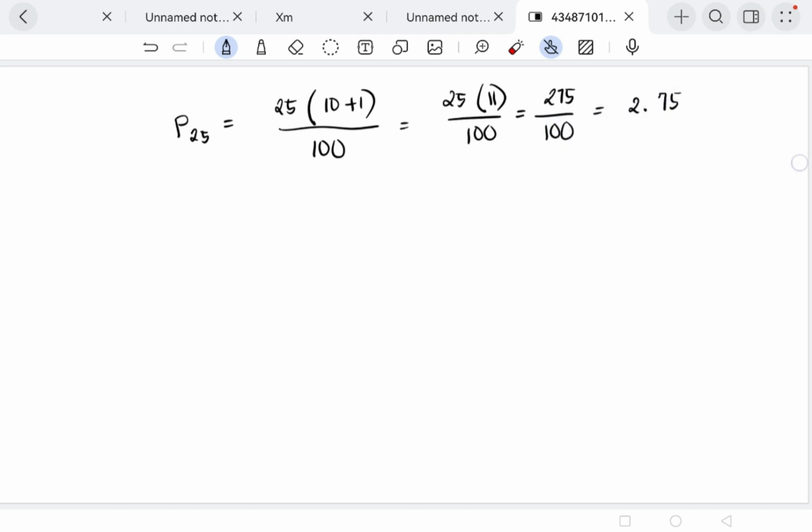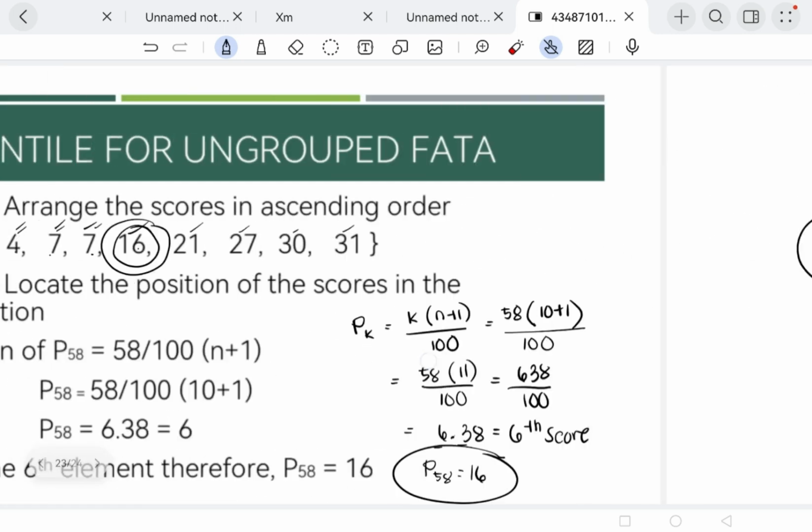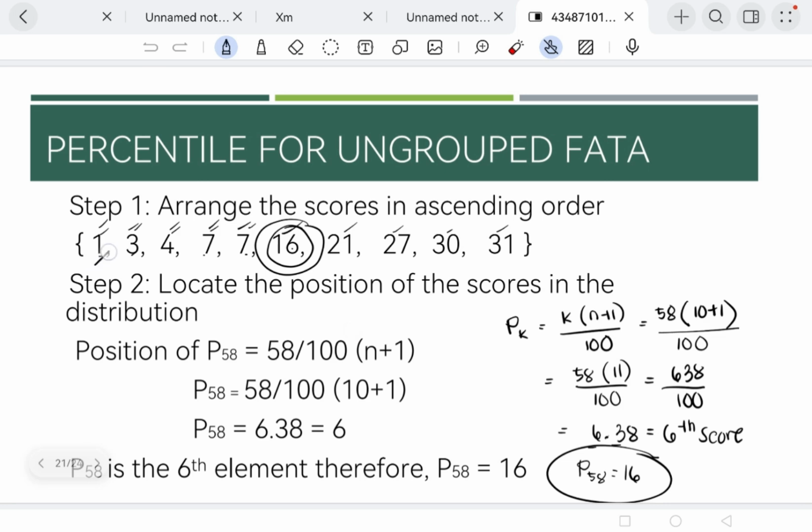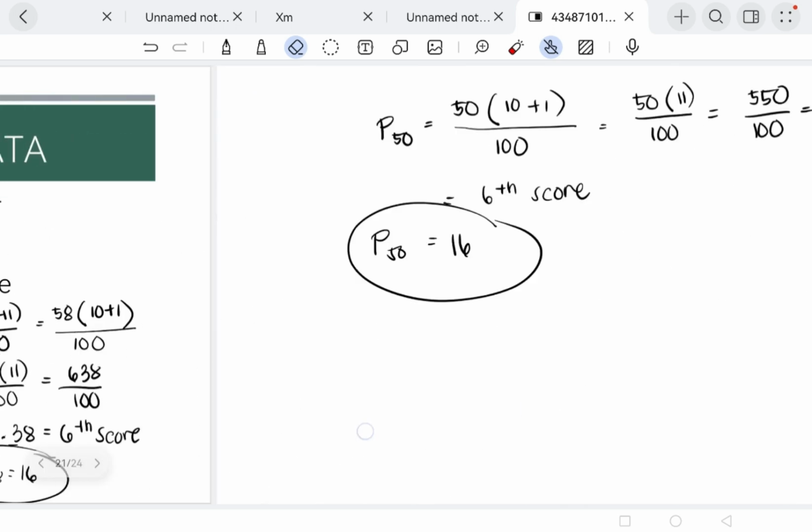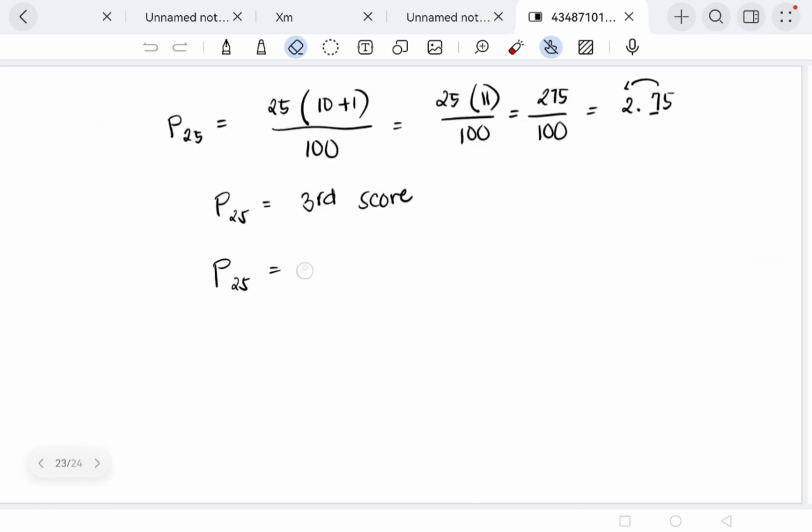Since this is greater than 5, we can round up. So our 25th percentile is our 3rd score. So our 3rd score in our distribution is, this is 1, 2, and 3. So our 25th percentile is 4.